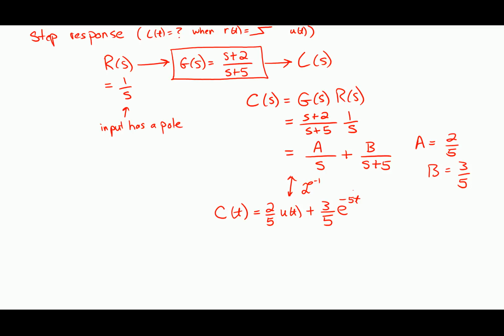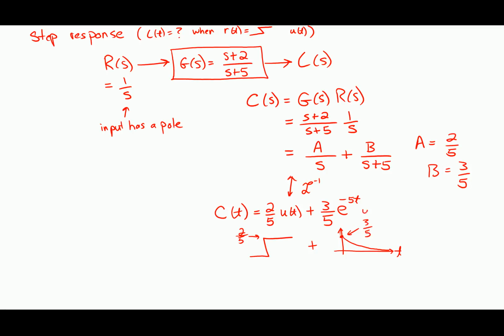Were I to plot that thing, you should know that this is a unit step times 2/5, whereas the height of this is 2/5. And I know that this guy is a decaying exponential, so he will look like this, whereas the maximum value here is 3/5.